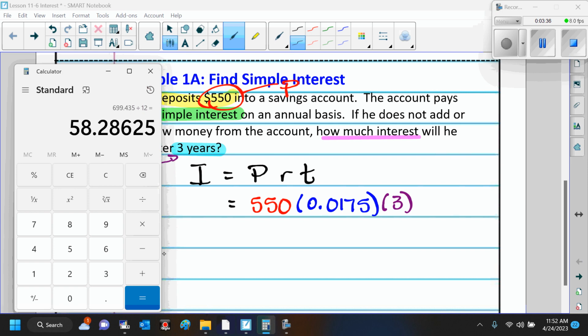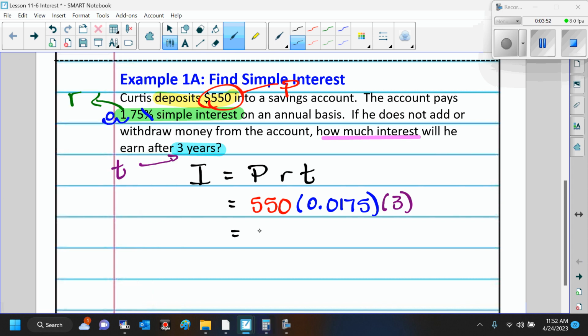So now we just multiply. So we have 550 times 0.0175 times 3, and that gives us 28.875. Now, of course, this is in money, right?